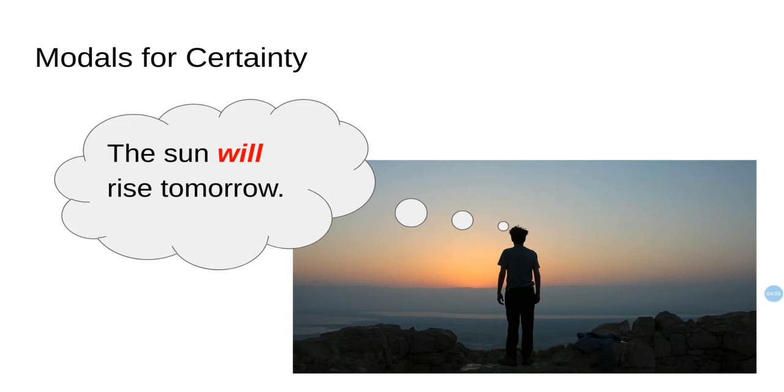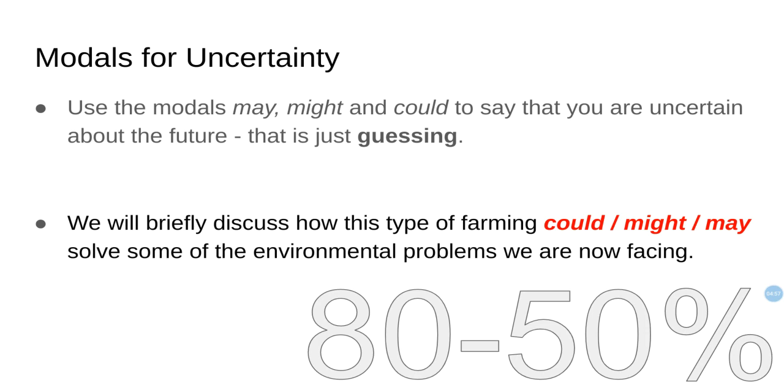Let me talk about modals for uncertainty. Use the modals may, might, and could to say that you are uncertain about the future. That is, you are guessing. Is this 100%? No. It's 80 to 50% or 50 to 80%. The book's example?